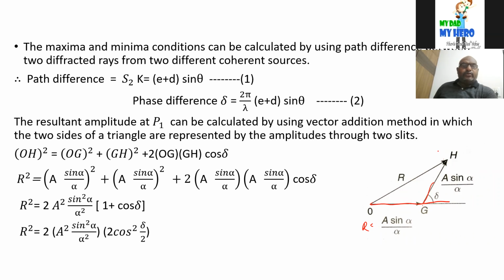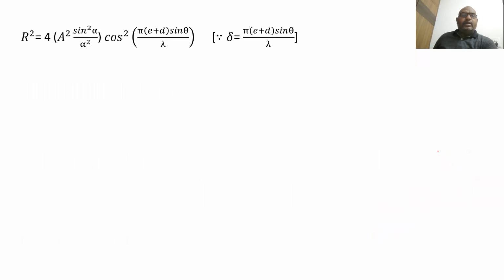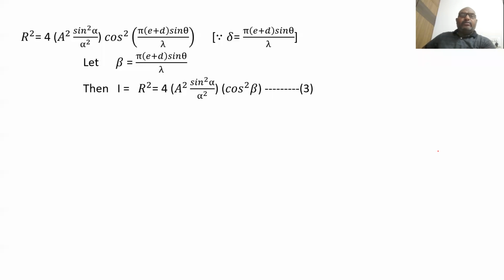That is, R square is equal to A square sine square alpha by alpha square into 2 cos square delta by 2. R square is equal to 4 A square (sine alpha by alpha) square cos square delta by 2. The value of delta is 2 pi (e plus d) sine theta by lambda, so let beta be equal to pi (e plus d) sine theta by lambda. Substituting beta, I is equal to R square is equal to 4 A square (sine alpha by alpha) square cos square beta.